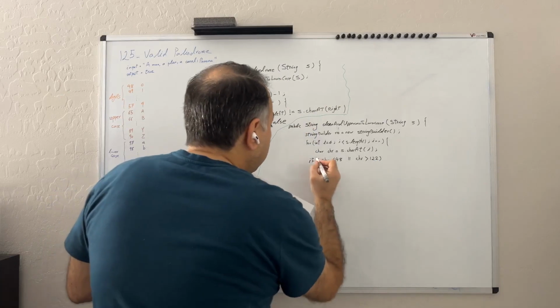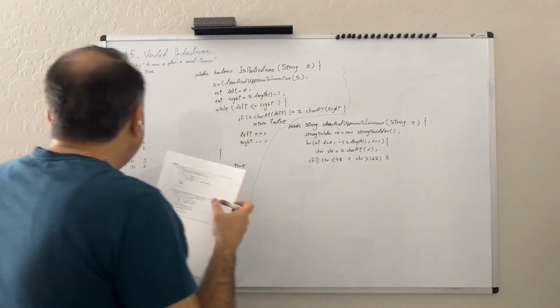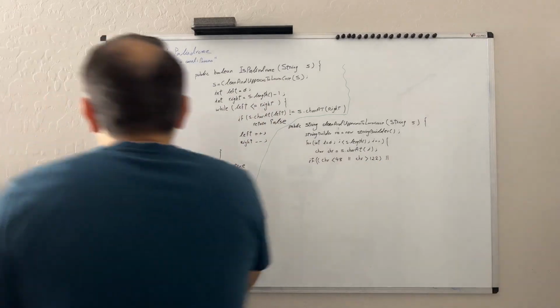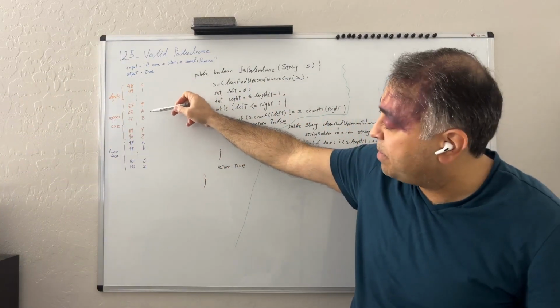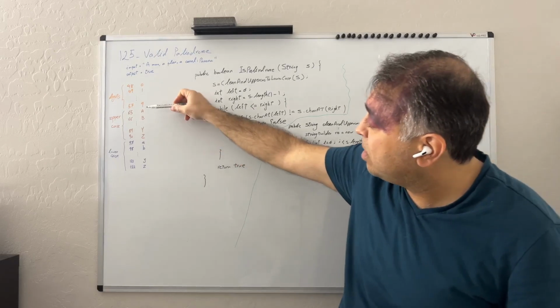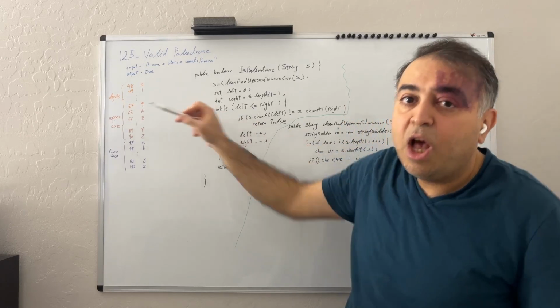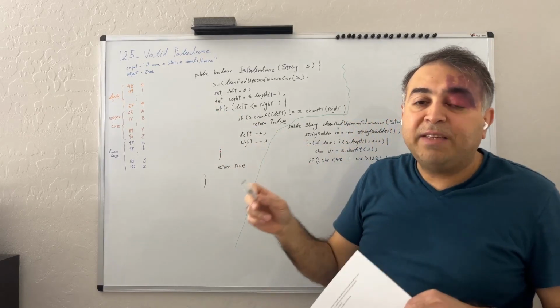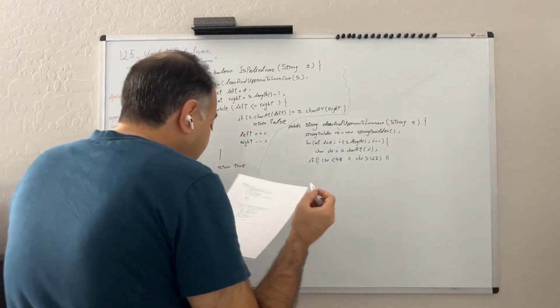What else do I need to check? For example, this is the first one. Then if you see here, between 57 and 65, there's a gap. Between 90 and 97, there is a gap. So there are some characters in between here. I don't need to have these characters in my result listing. So I can skip those characters too.